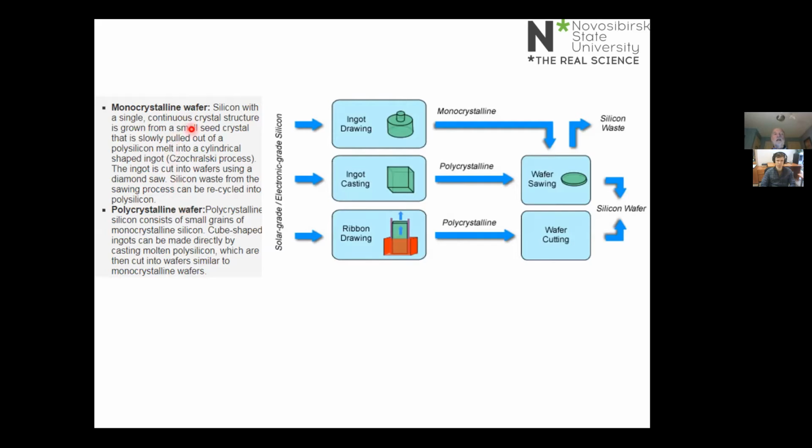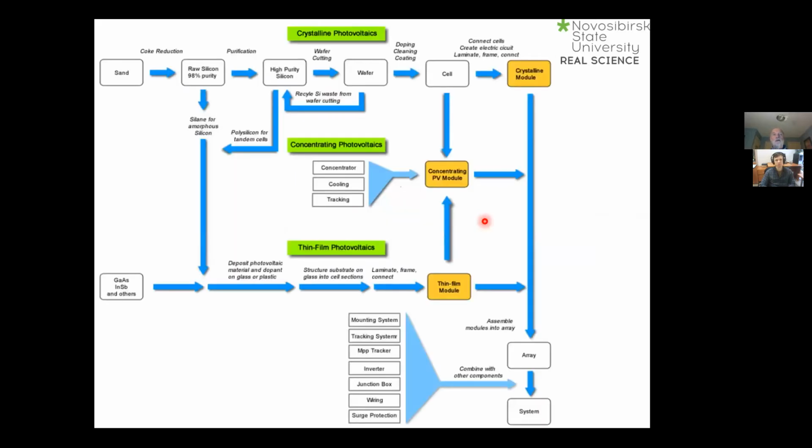And you can see here the ways in which the different technologies are produced from silicon to get the monocrystalline and then the polycrystalline alternatives, as you can see there. And then once we do that, there's further analysis that will end up either as a standard crystalline module, a concentrating module, or a thin film module.